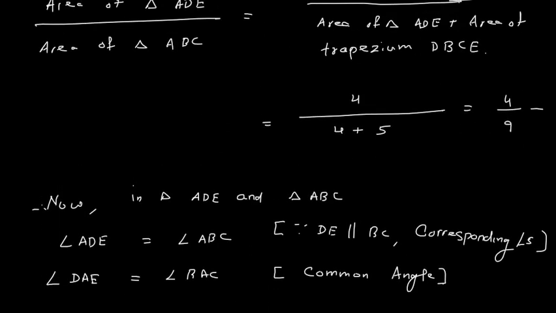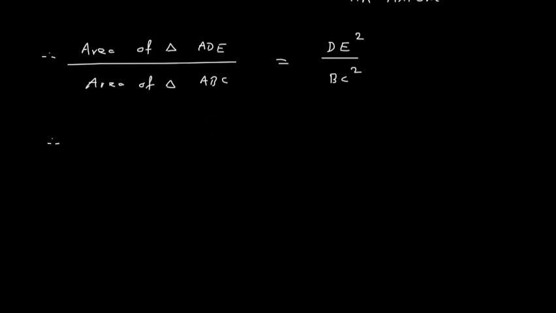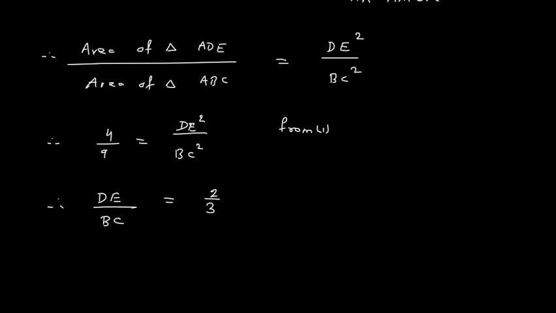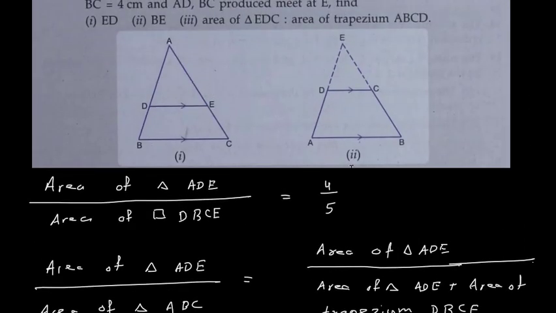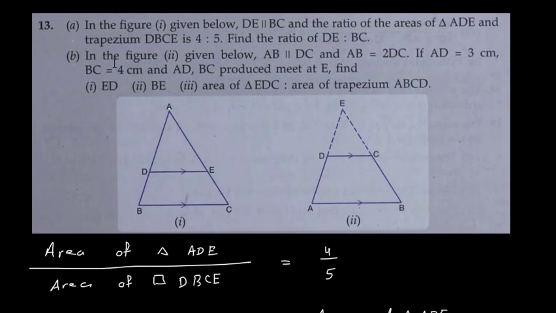We consider this equation 1. So 4 upon 9 is equal to DE square upon BC square, from 1. Therefore DE upon BC will become 2 upon 3. So the ratio DE upon BC is 2 upon 3. Okay, so yes, first problem done. We had to find the ratio of DE upon BC, and that we have done.